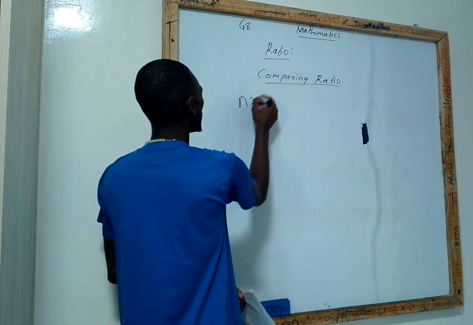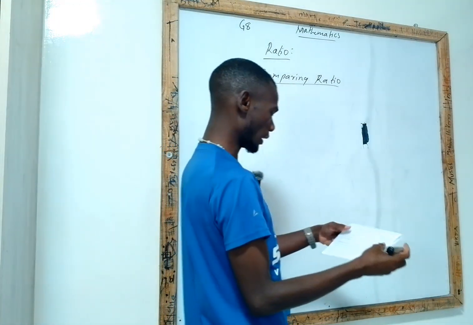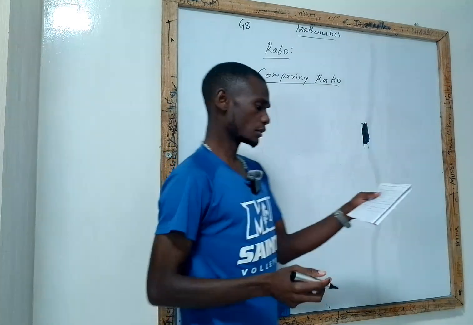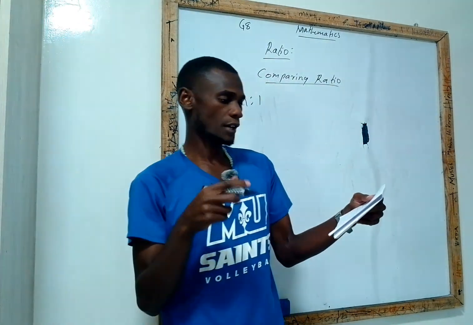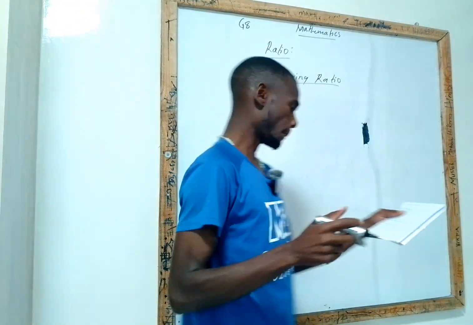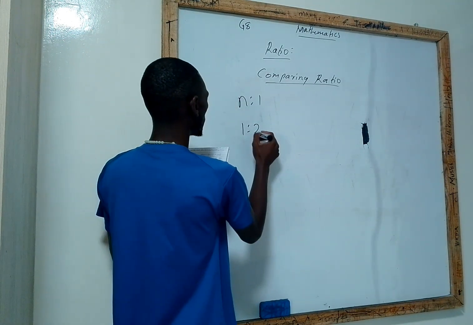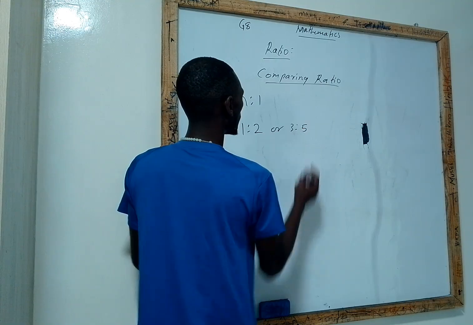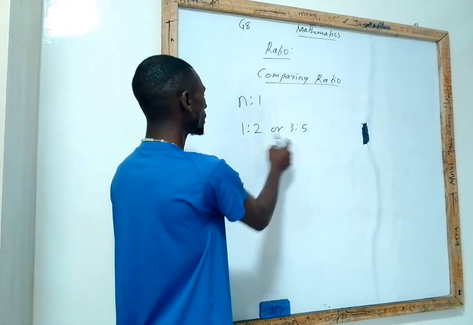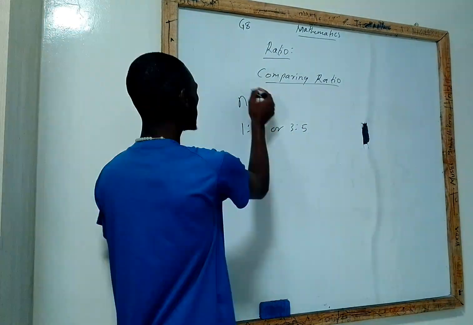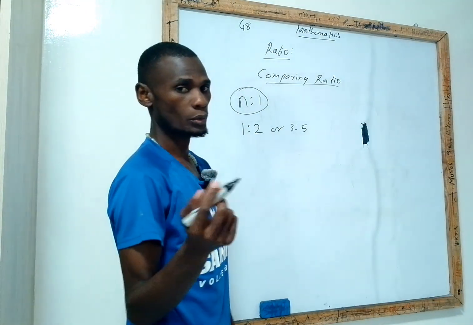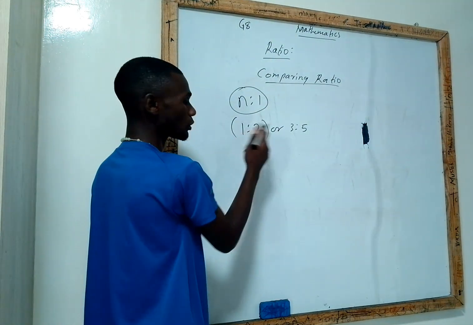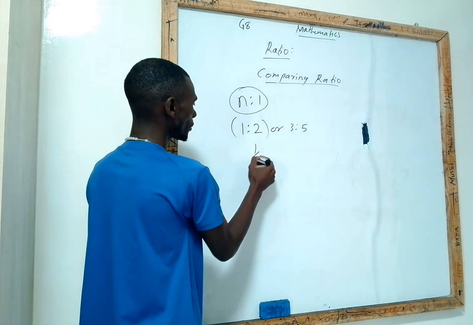If you are given the ratios, express them in the form n to ratio 1 and find out which one is greater. The first one is 1 to ratio 2, or 3 to ratio 5. We want to find out which of these two ratios is greater, using this method of n to ratio 1. Starting with the first ratio, which is 1 to ratio 2, put it as a fraction.